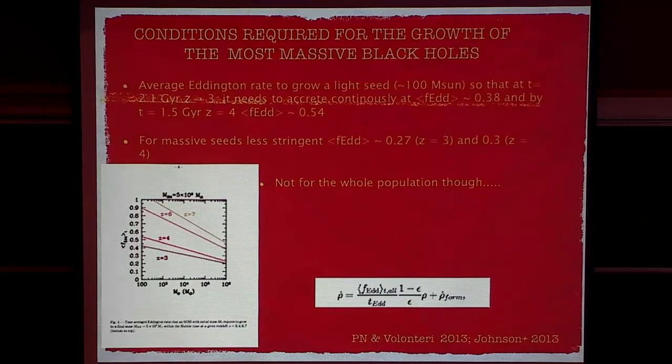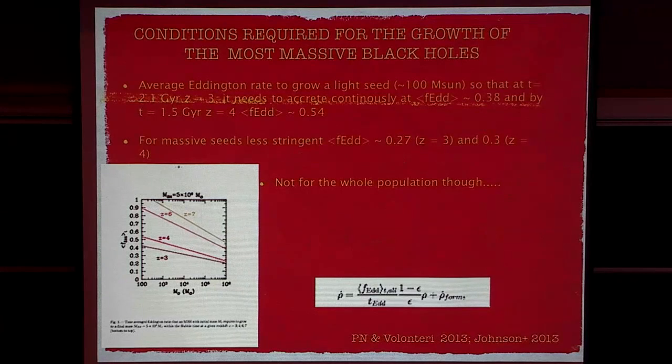So if we want to stick with light seeds, or we think that light seeds are viable, then we need to be sure that the physical conditions, the gas, the environment, are such that such rates can be sustained. Obviously, massive seeds alleviate that problem. For massive seeds, it's much less stringent.